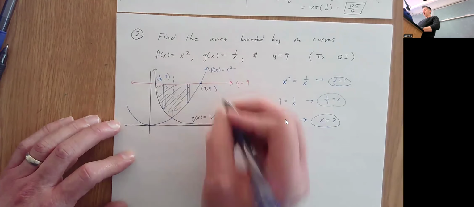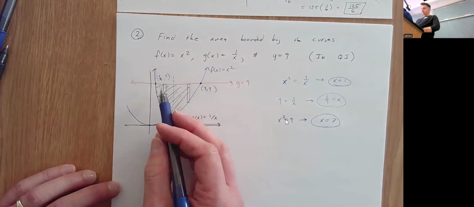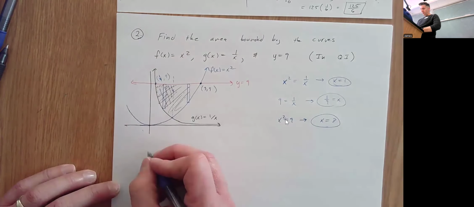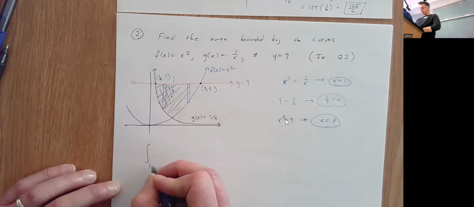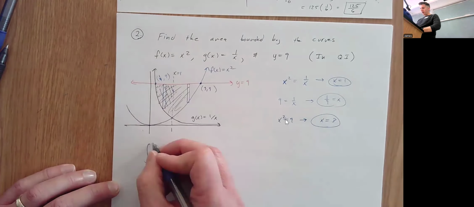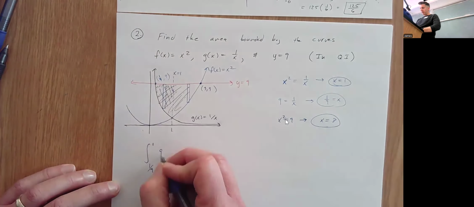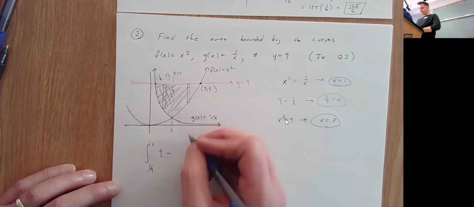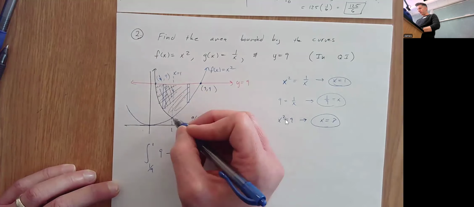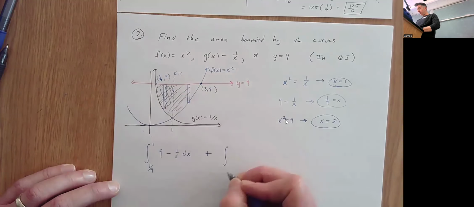So to find the area, for this first region we're going to do the integral from 1/9 to 1 of the top, 9, minus the bottom, 1 over x. Plus, for the second region, we're going to do the integral from 1 to 3.